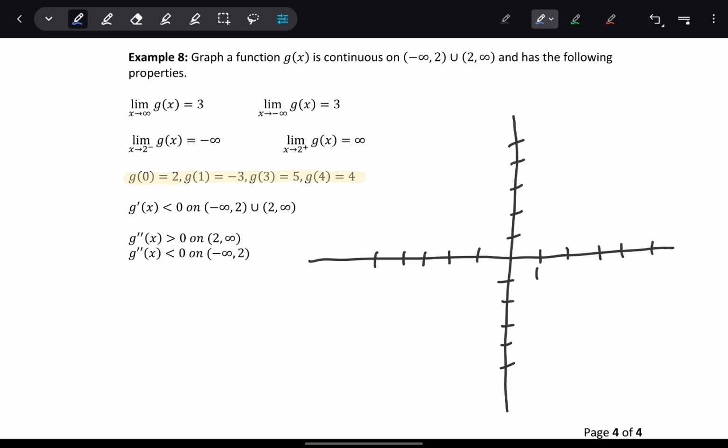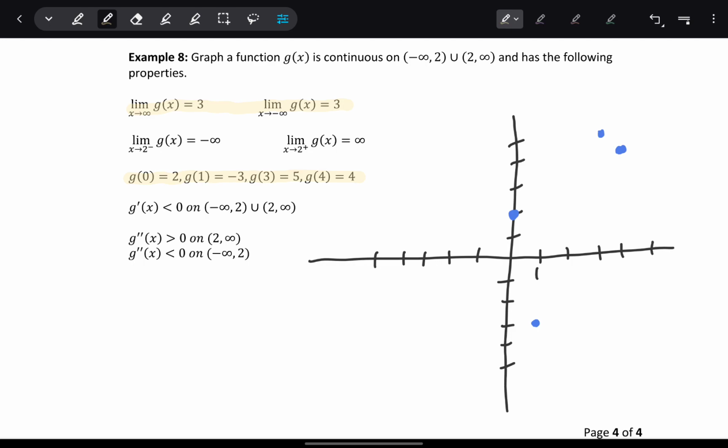In this case, we have points at 0, 2, 1, -3, 3, 5, and 4, 4. Every piece of information that we plot or sketch out a little bit just starts to help us see the picture. Next, we can look at end behavior.